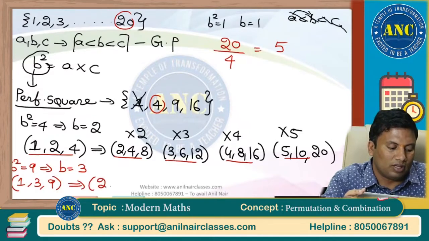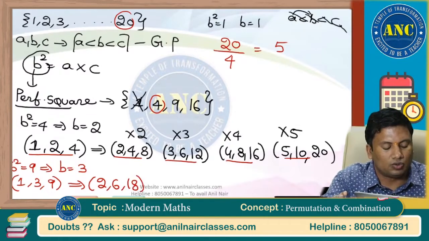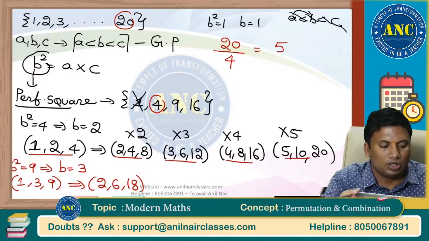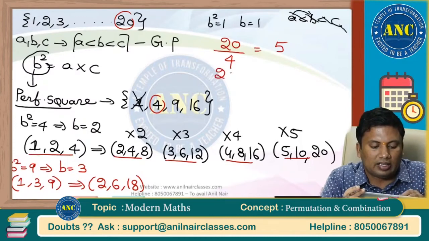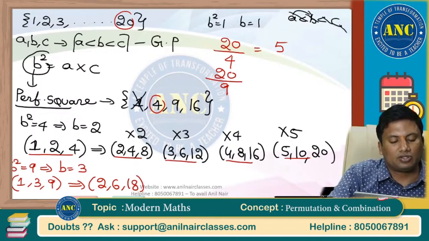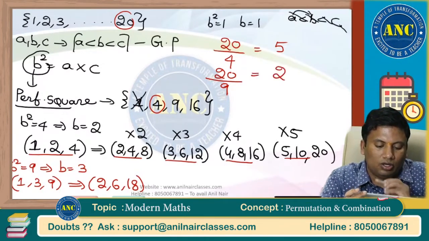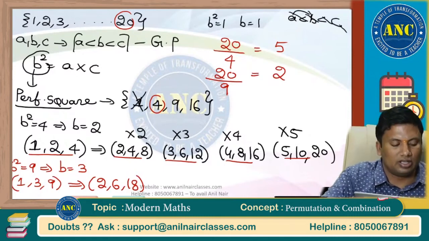Derivatives are 1, 3, 9 into 2, 2, 6, 18. How many values we got? 2. You don't need to do it. Take the highest value in the set, 20. Perfect square is 9. 20 by 9, 2.2. I told you to eliminate decimal, so it is 2.